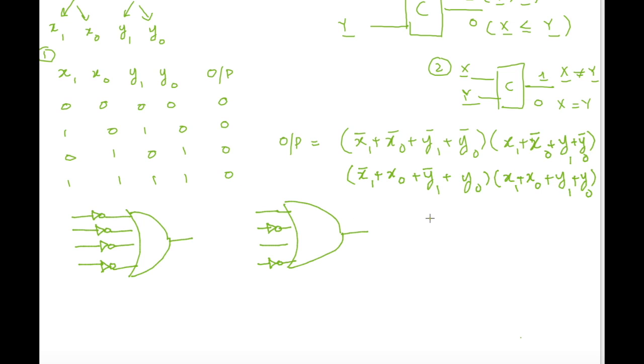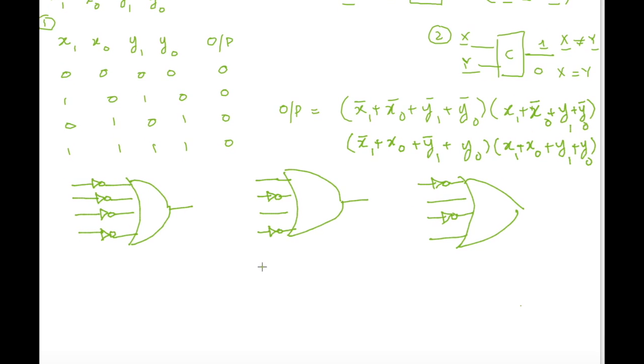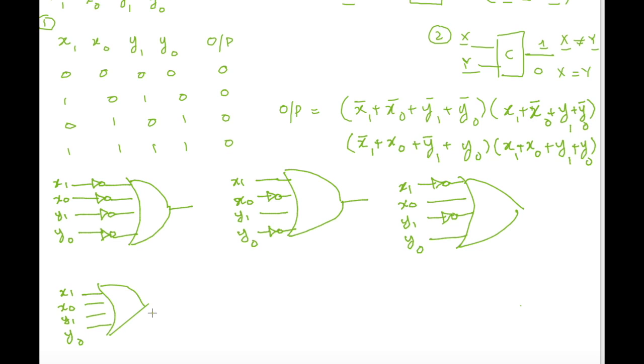So now third one is not here, not here, and the fourth one is no not. Okay, so then everything here is x1, x0, y1, y0, all these outputs.